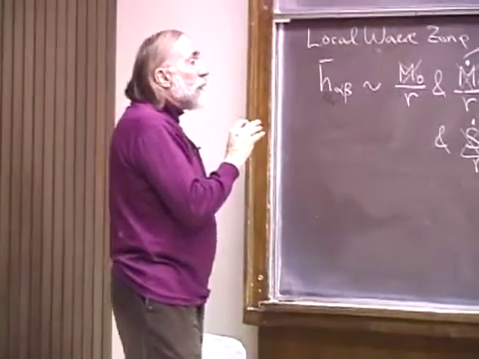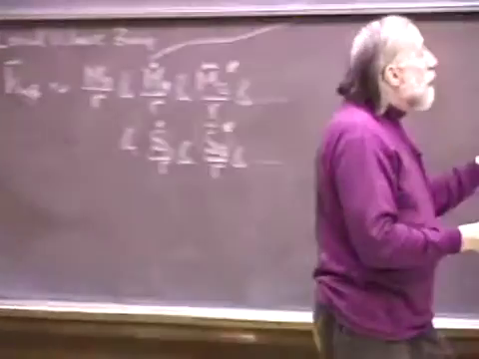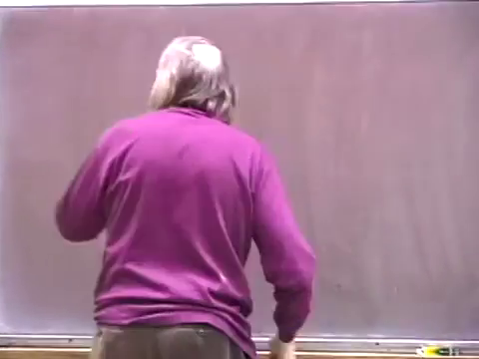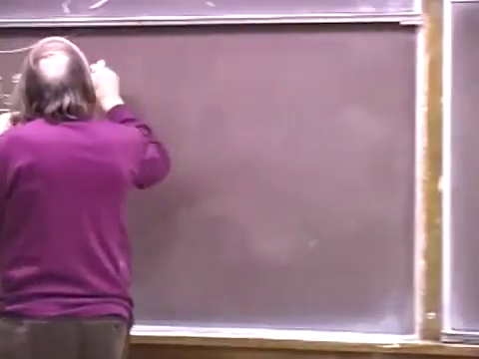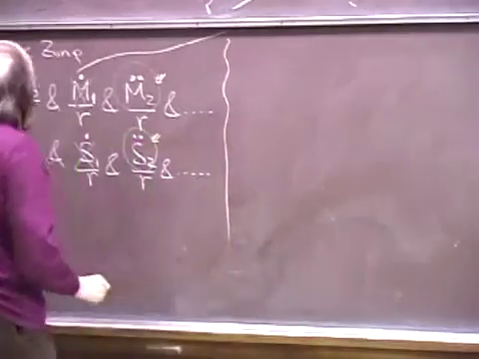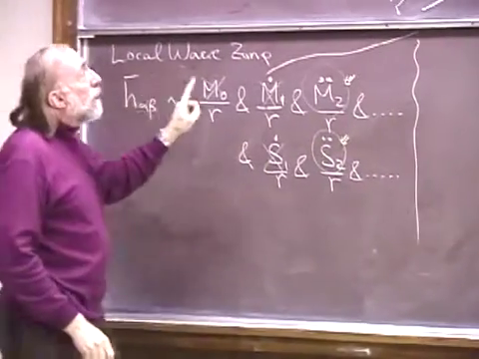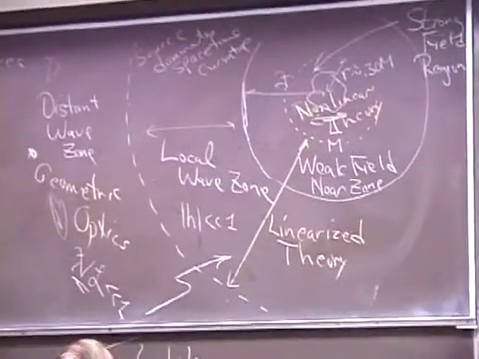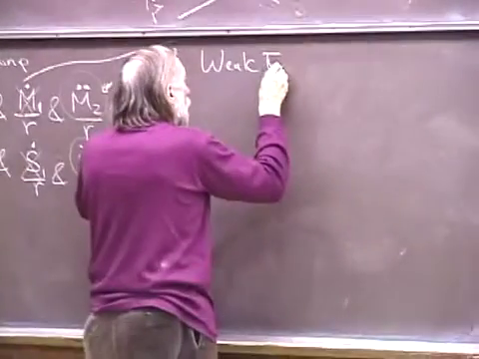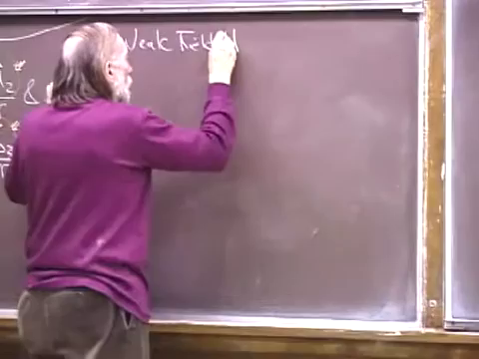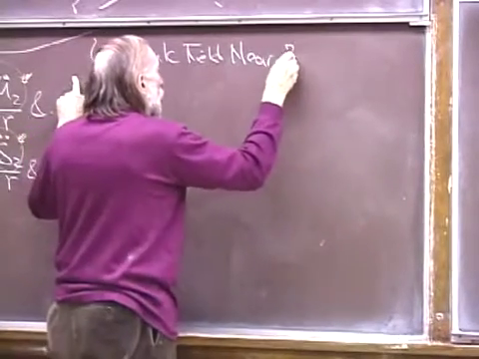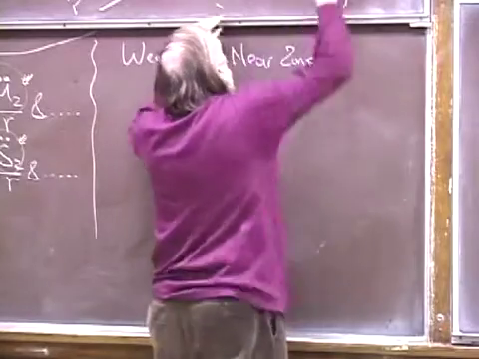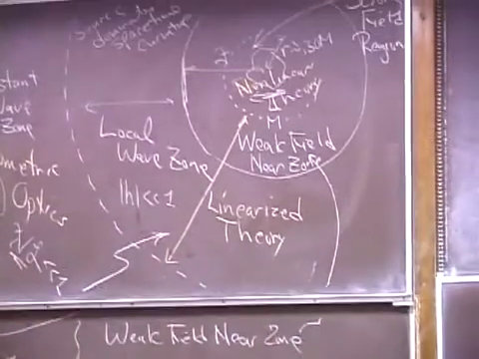In order to do this, initially, I want to tell you one other thing. That's what goes on in the local wave zone. But you can do the same argument in the weak field near zone, again appealing to the analogy with the electromagnetic case.